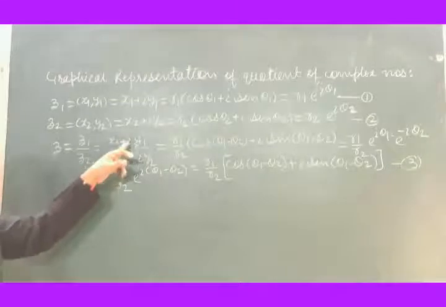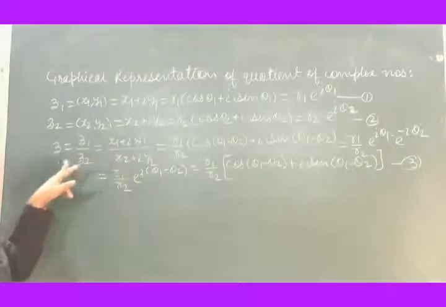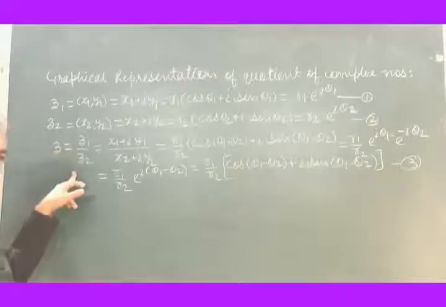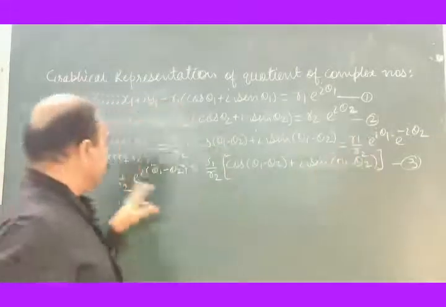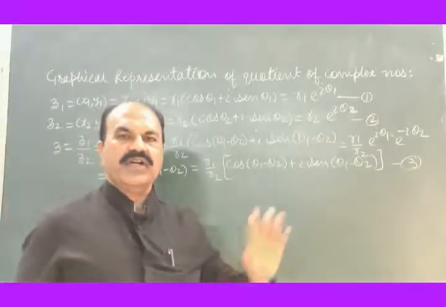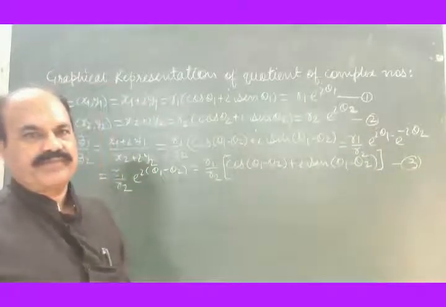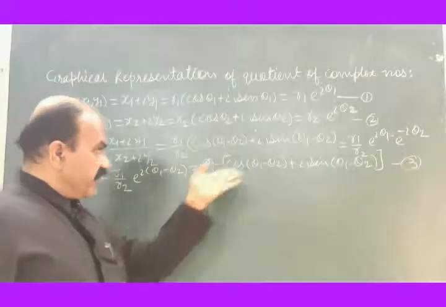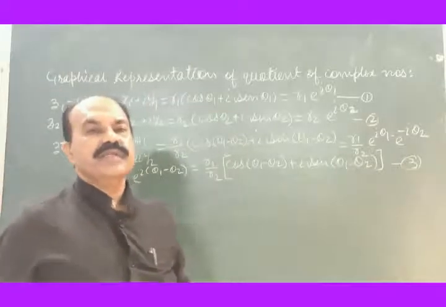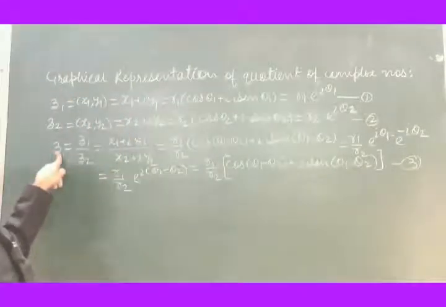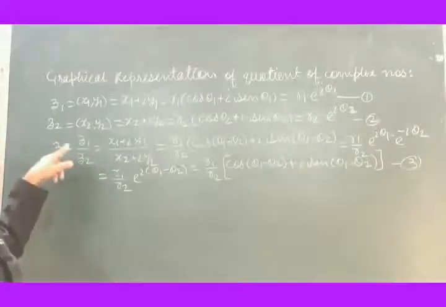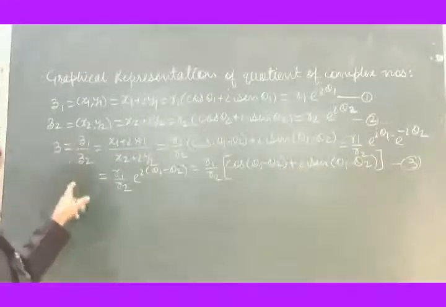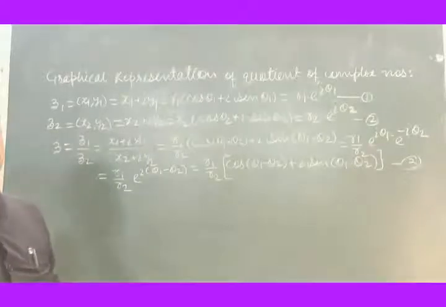You may use this for quotient Z of division of these two complex numbers, or this or this, all are the same. Equation 3 gives the complex number Z, which is division or quotient of complex numbers Z1 and Z2.